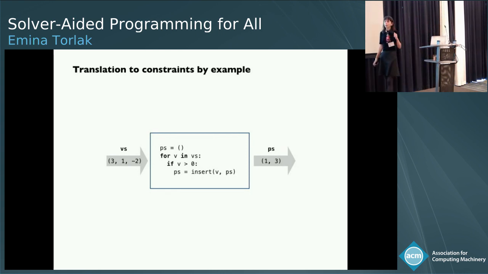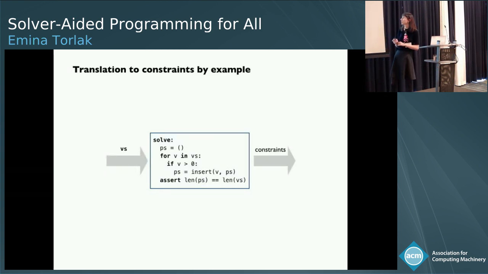Now, in order for me to show you how to translate this procedure to constraints, we have to introduce some symbolic values and we have to issue some queries. So the query that we are going to issue here is the solve query, and the semantics is translate the program into constraints such that all of the assertions are satisfied if all of the assertions pass.